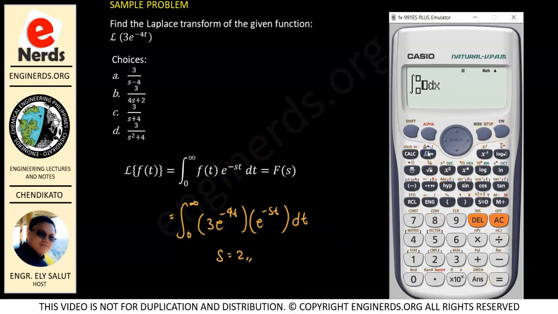We'll take the integral of 3. Okay? Then e to the negative 4x. Then times e to the negative st. So we have e to the negative, our s is equal to 2, no? Nag-assign tayo ng value ng s. So this will be negative 2x.